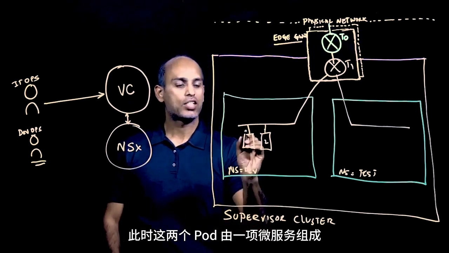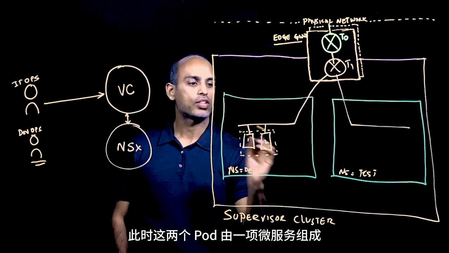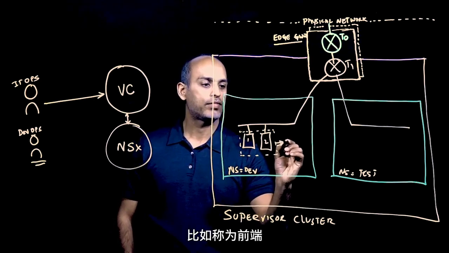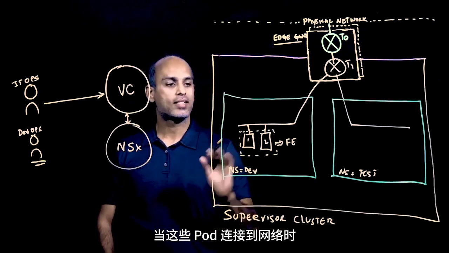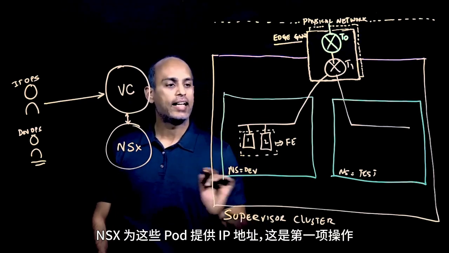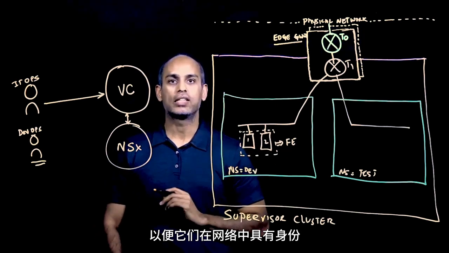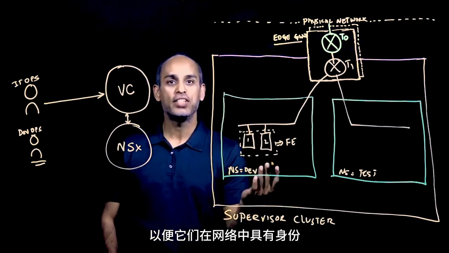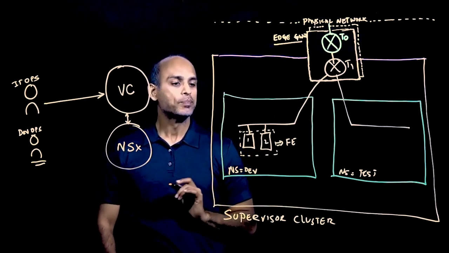These two pods make up one microservice that's, let's say, referred to as front end. Now what happens behind the scenes as these pods are brought up and connected to the network? NSX provides an IP address to these pods, the first thing, right? So that they have identity in the network and they can communicate with other IP endpoints.